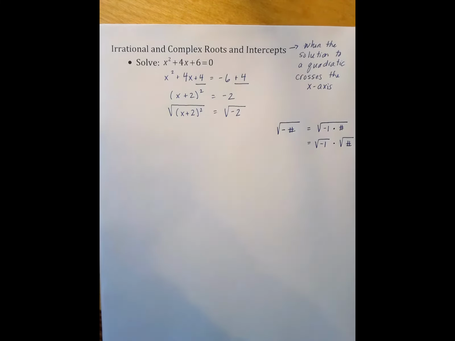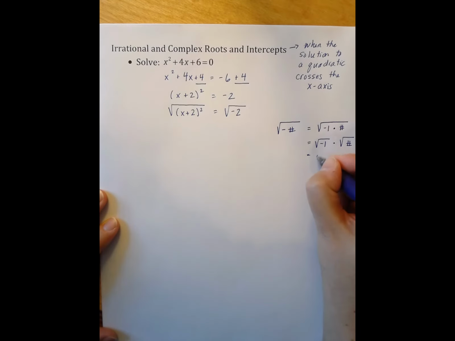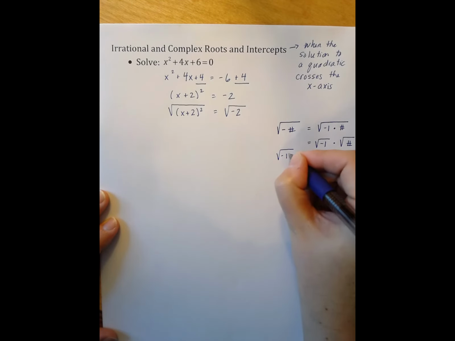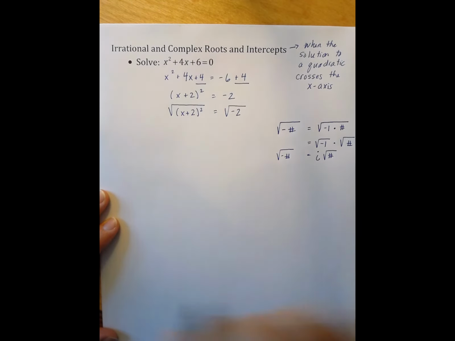And then they said, you know what though? Every time we do this, we don't want to rewrite the square root of negative 1. That's too much writing for us. We want a simpler way. So now we're going to replace that number with the letter i. So the square root of any negative number can be rewritten as i times the square root of the number.